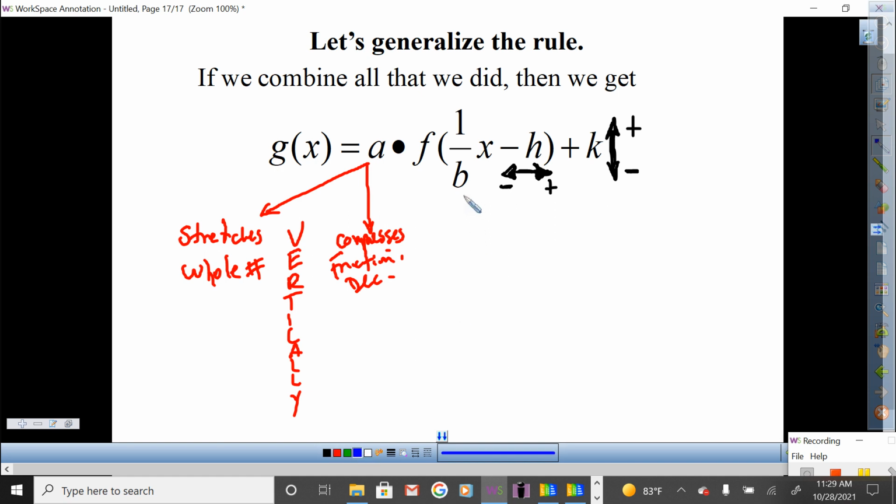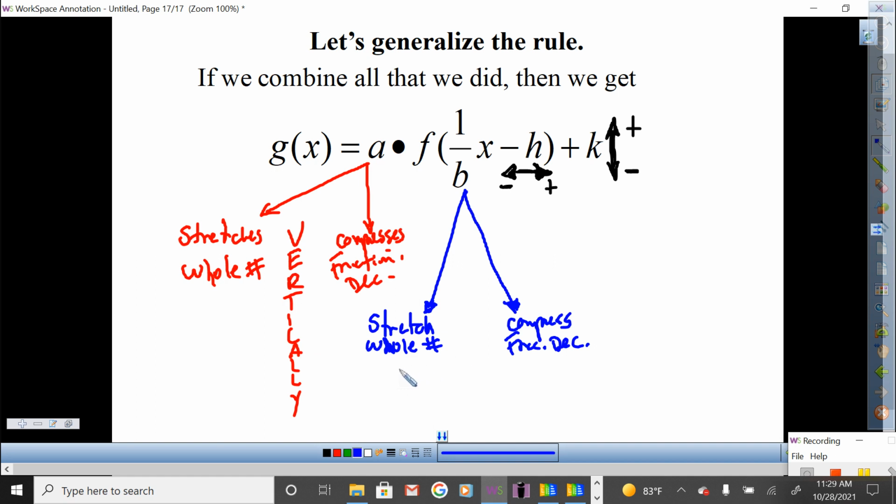Which means that B does what? The same, but except for horizontally, yes? This is stretch if it's a whole number, or compress if it's a fraction or decimal.